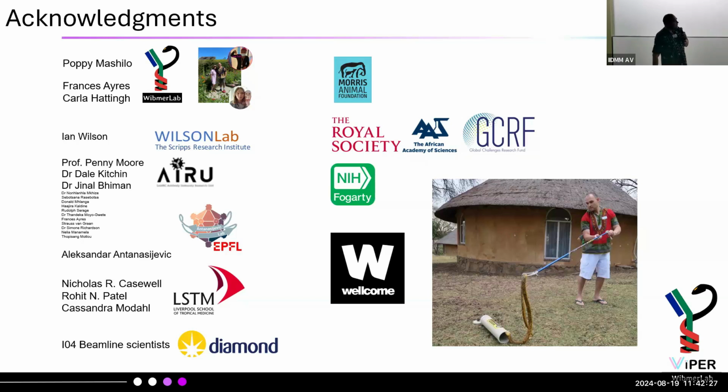I have Ian Wilson up there for the HIV work, running an area team for the SARS-CoV-2 work. Alex Antonisevich at EPFL, where we did the cryo. Nick Rohit and Cassie at LSTM. So those are our collaborators that did the in vitro venom neutralization assays on our antibodies in the UK. IO4B scientists, where we collect all the crystallography data.